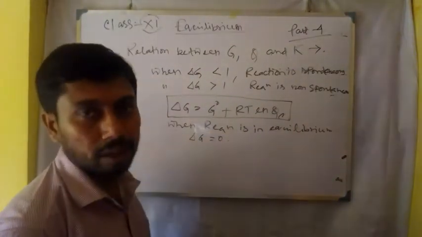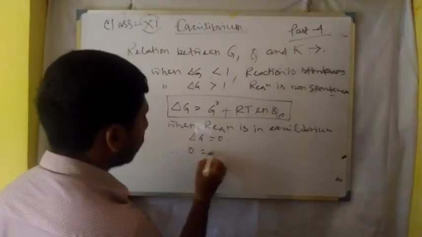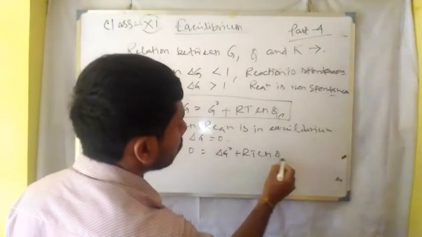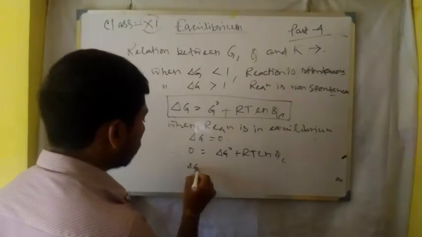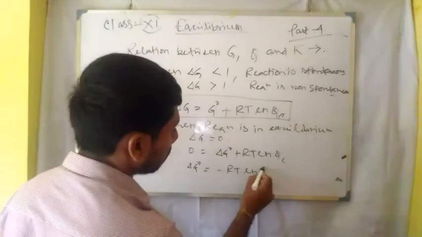At equilibrium del G equal to 0. So 0 equal to del G0 plus RT ln QC, and so del G0 equal to minus RT ln QC.